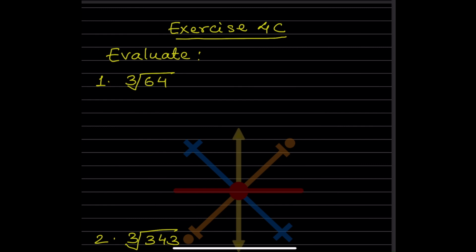So that is 4C. So there it says to evaluate this, we can call it the cube root of 64. So cube root of 64 means what are you going to do? You will write here, we will take the help of factorization, let us factorize this one.